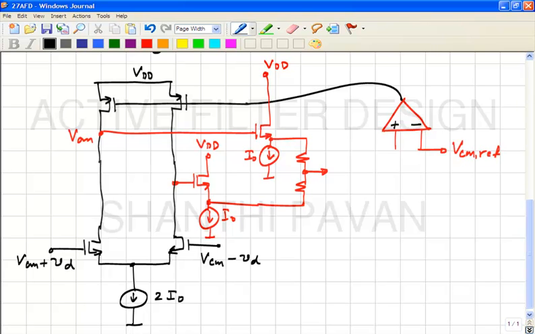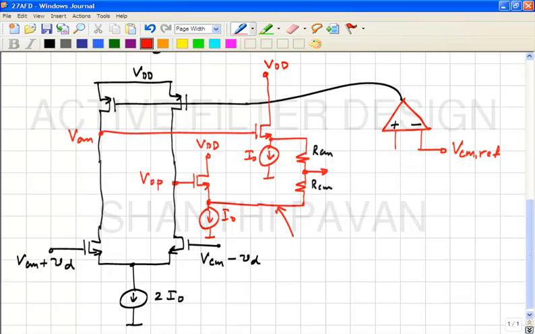All right. So now this is RCM. If VOM was equal to VOP, what will be the detected common mode voltage?